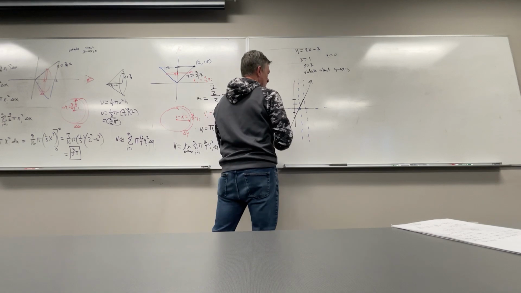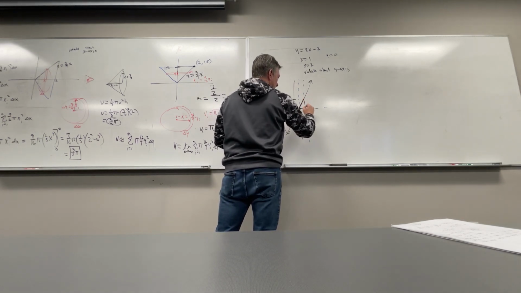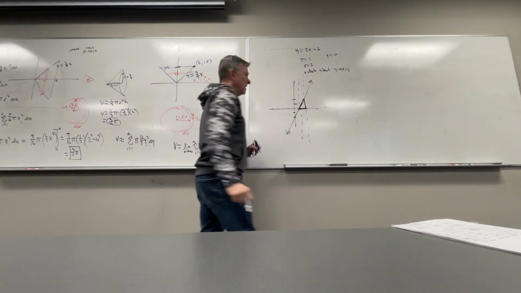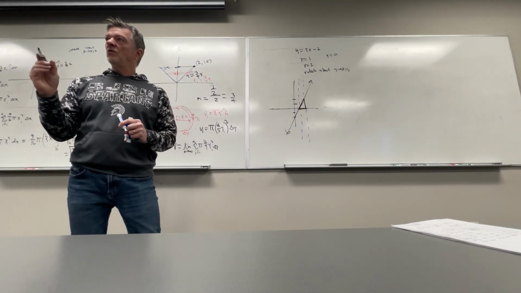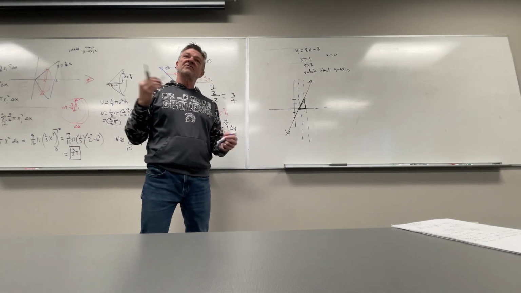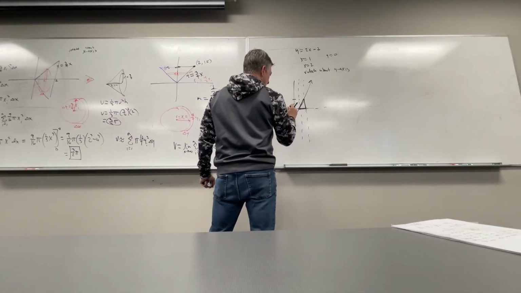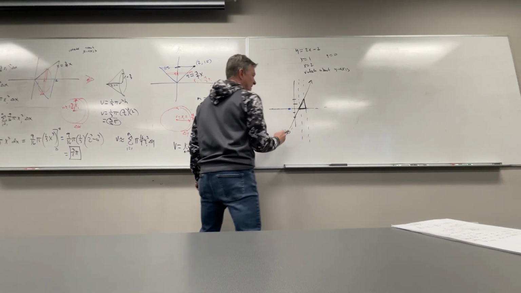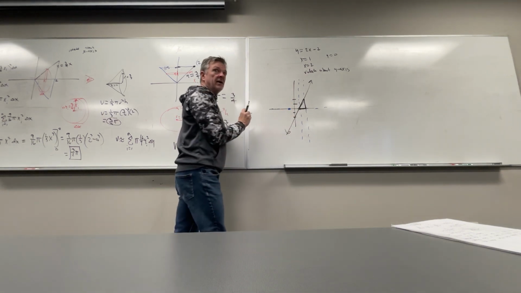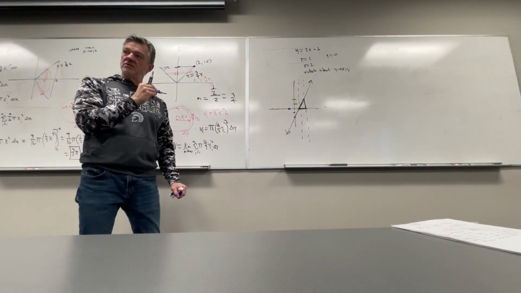So what do we have here? We have this region right here is going to go around the y-axis. Okay, now if I rotate that a half a turn, let's just see what it looks like when I do that. Now, that edge of that triangle would come over and be right there, right? 1 unit away from the origin.